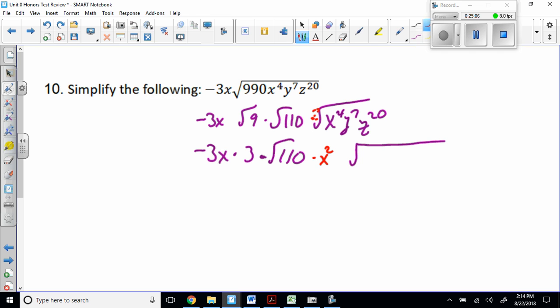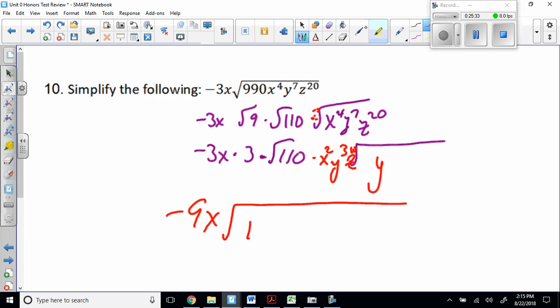I can pull 2 groupings of x's that have 2 of them apiece, right? How many times will 2 go into 7? 3 times. With how many left over? Just 1 left over, right? 2 goes into 20 how many times? Z to the 10th, right? With how many left over? None. So that's negative 9x.